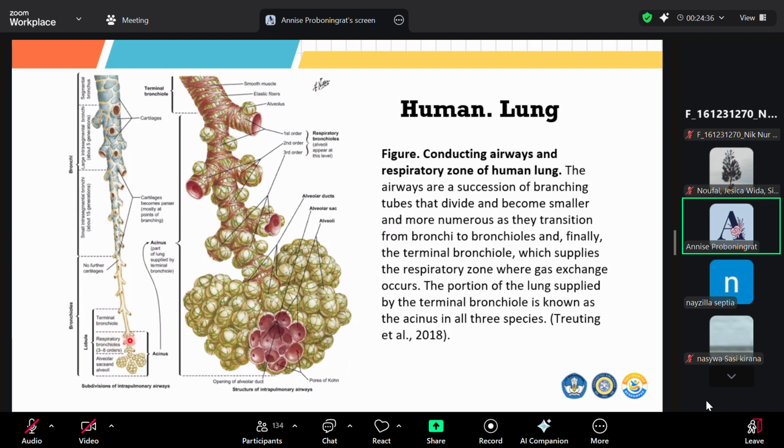The respiratory bronchiole continues to the alveolar sacs and alveoli, and this component is also called the acinus. Lobules refer to the part of the lung that starts from the terminal bronchiole until the alveoli.